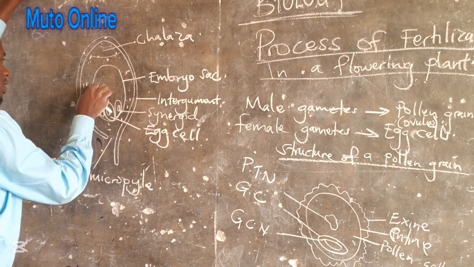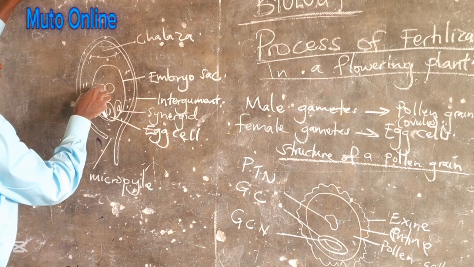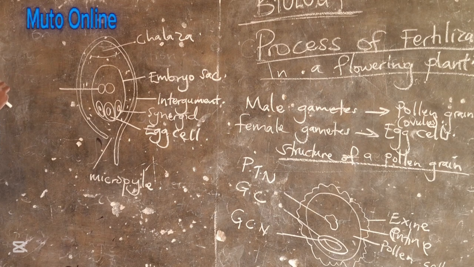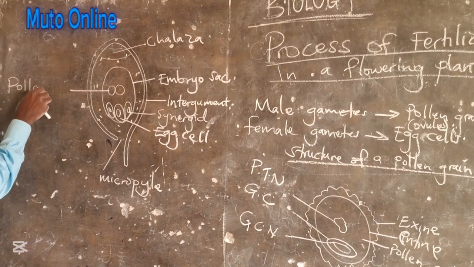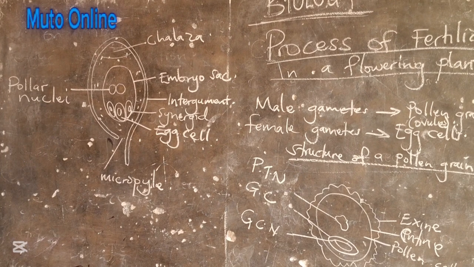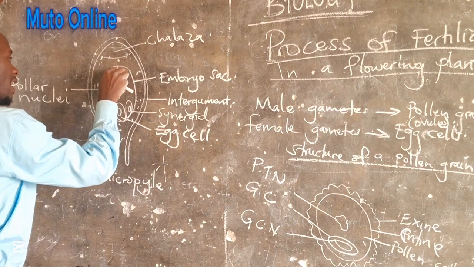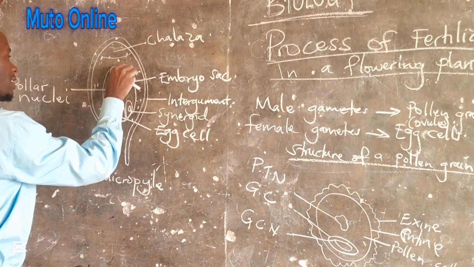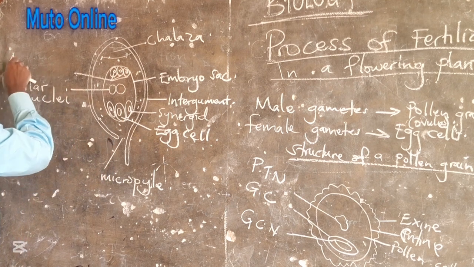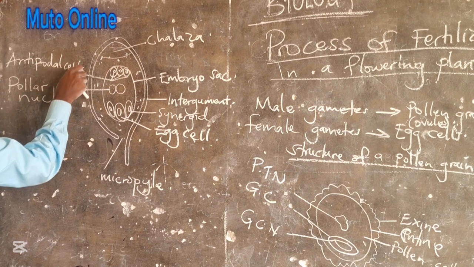In the middle of the embryo sac, there is a pair of nuclei we call the polar nuclei. And at the top of the embryo sac, we have three cells known as antipodal cells.